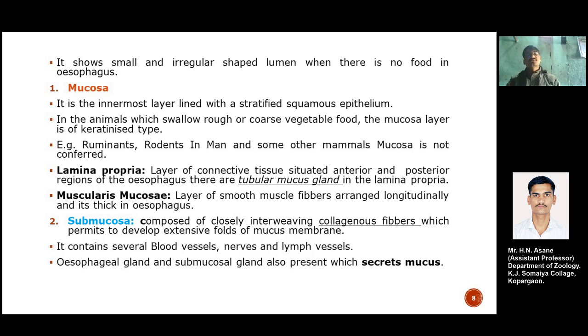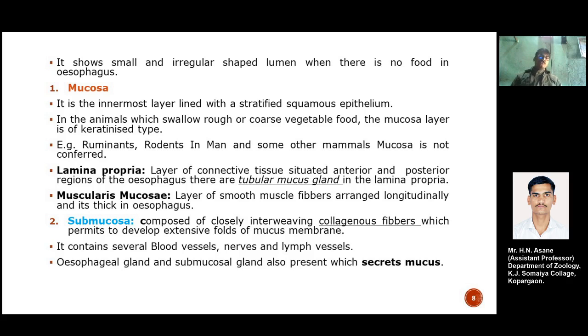But in some mammals, like humans, this layer is non-keratinized. So animals with a keratinized innermost layer of stratified squamous epithelium are the ruminants and rodents, while in man and some other mammals the mucosa is non-keratinized.